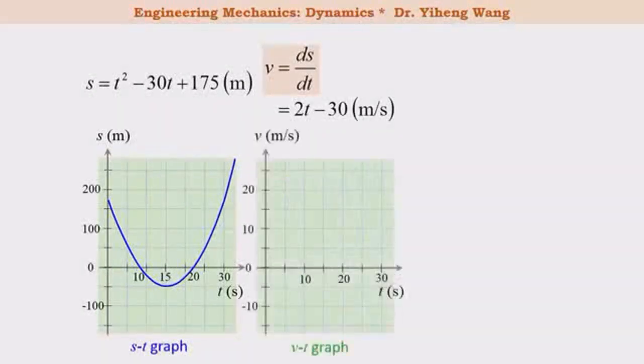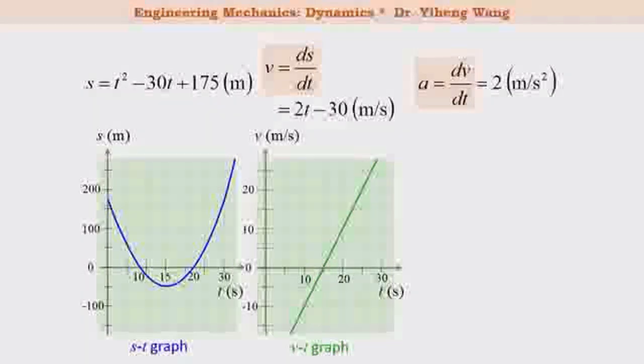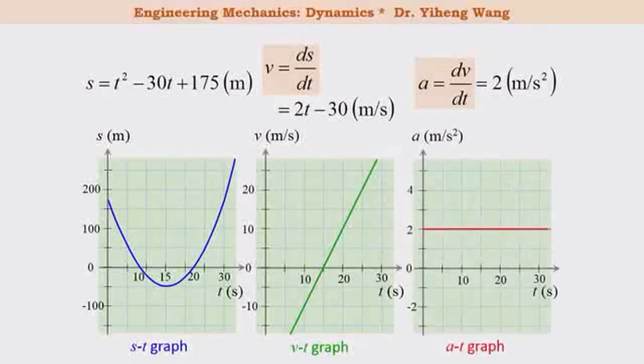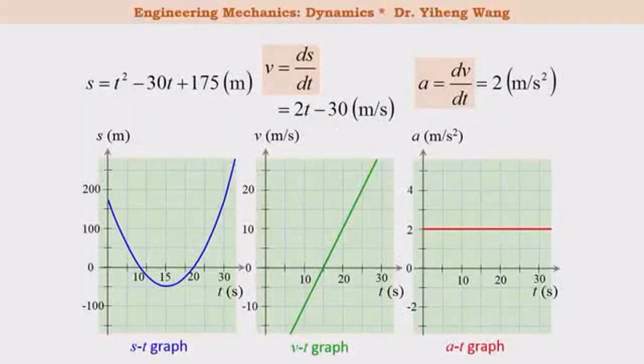And we can sketch its graph as well, and that's the vt graph. And lastly, we can do the differentiation again and find that the acceleration is a constant 2, and we can graph this constant function and get the at graph, which shows how the acceleration relates to the time.